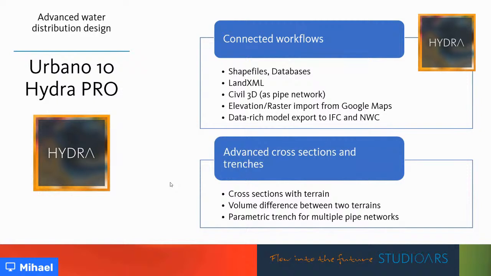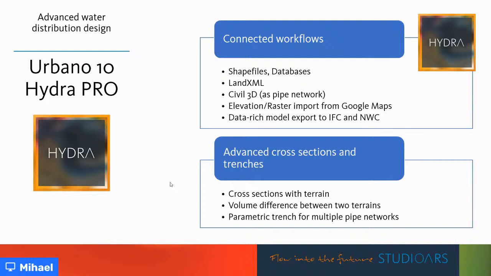So you have really control over your export process, and you can really create a data-rich model to bring into the IFC and into the BIM process, which is the whole point of BIM. And the second thing in the pro section are the advanced cross sections and trenches.